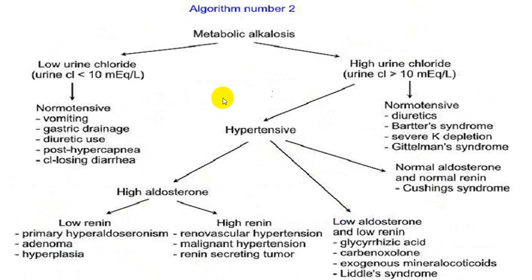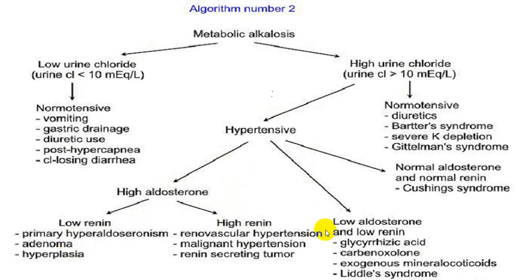And if there is a metabolic alkalosis with excessive urinary loss, you look at the urinary chloride. If urinary chloride level is high and the person is hypertensive, you look for aldosterone level, mineralocorticoid, and then we look at the renin level. High renin, high aldosterone, look for malignant hypertension, renin secreting tumor, renovascular hypertension. Low renin, high aldosterone, primary hyperaldosteronism like congenital syndromes, secondary due to adenoma or adrenal hyperplasia.